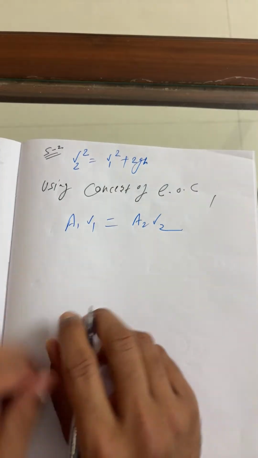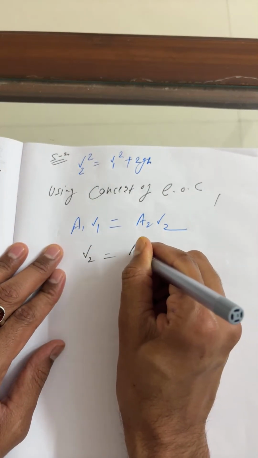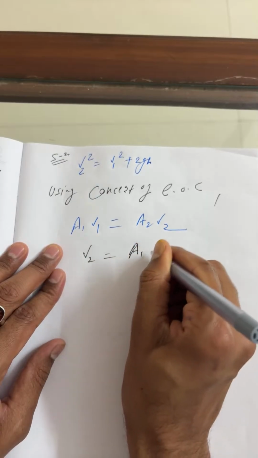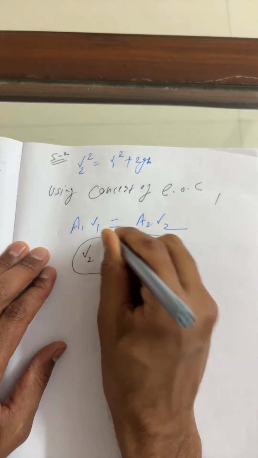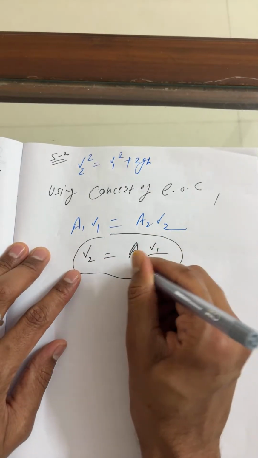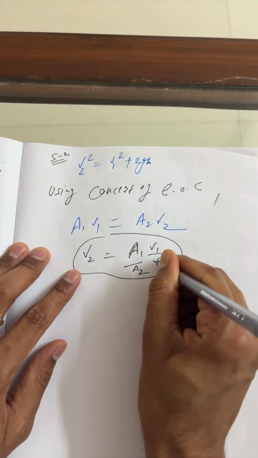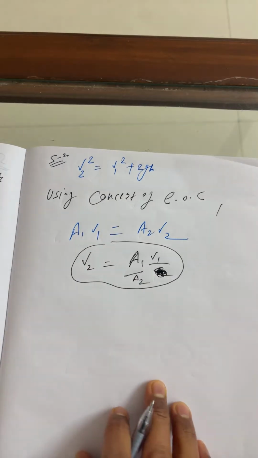Let us suppose you wanted to find V2. So V2 is A1 by A2 into V1.